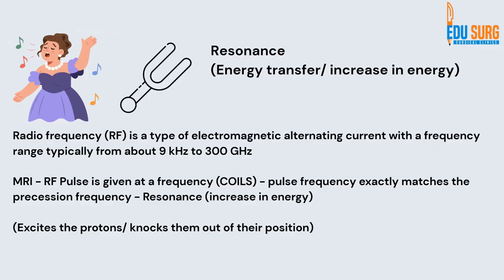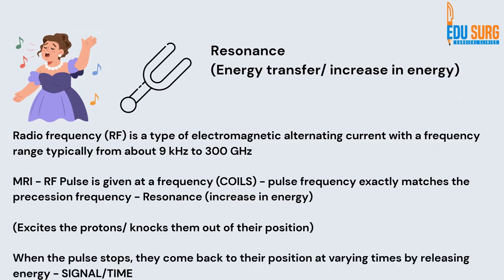Because as I said, only if the frequency matches, resonance can happen, right? So the RF pulse is given at a frequency which exactly matches the precession frequency that excites the protons or knocks them out of their position. Why is this important?